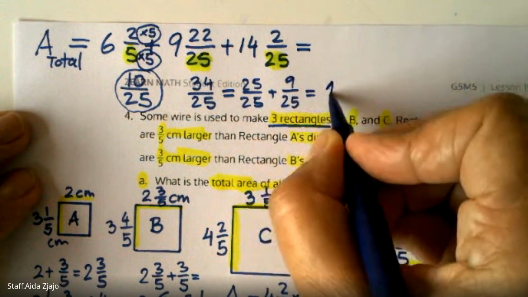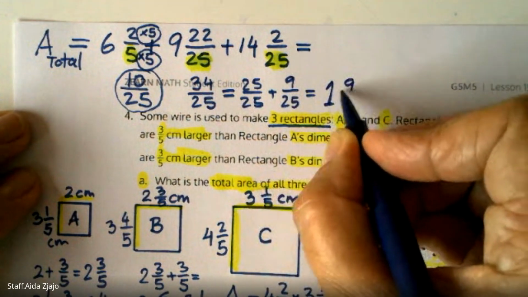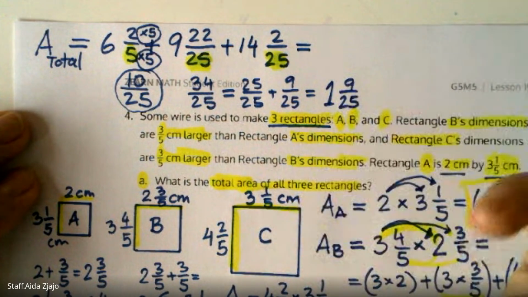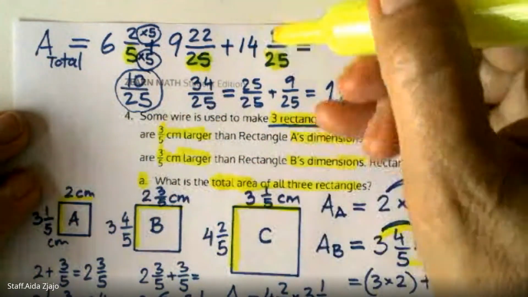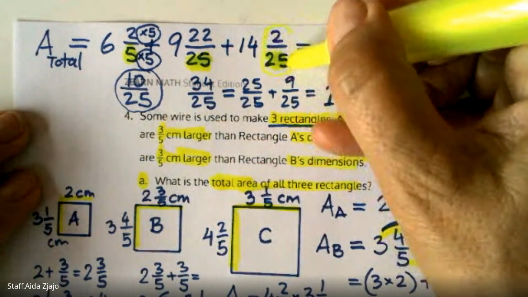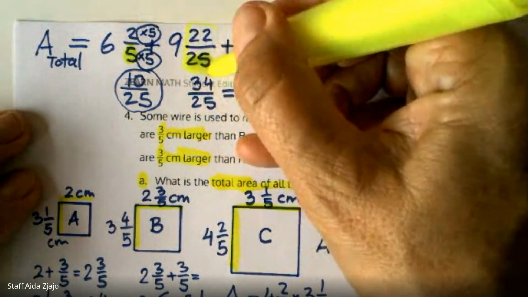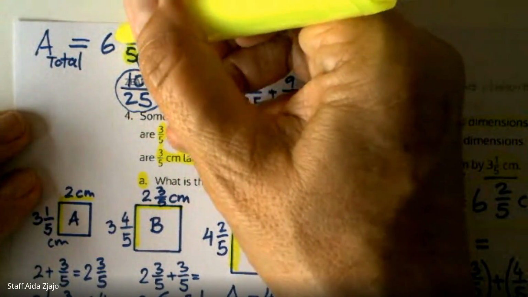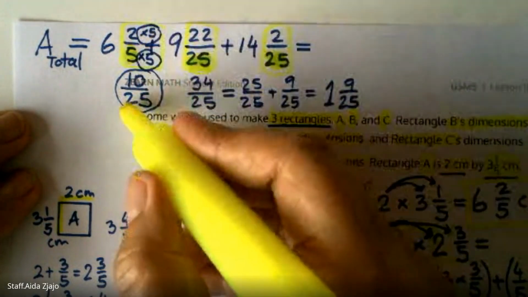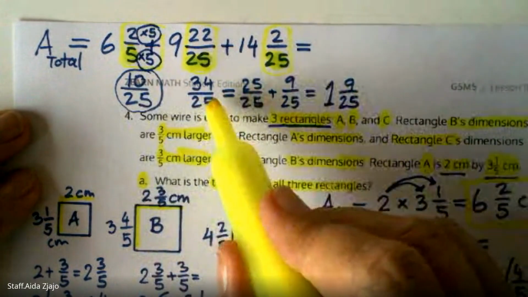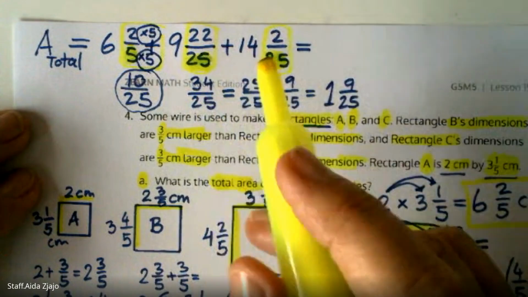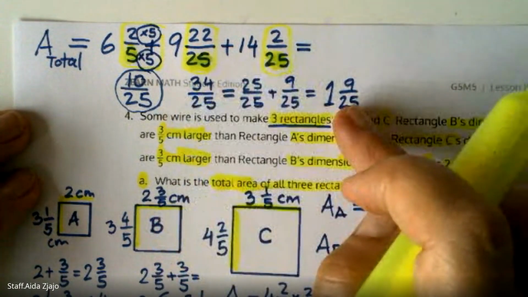So it is 1 whole and 9/25. So what I did is I add this fraction and this fraction and this 2/5 when they become 10/25. So then I exchange the improper fraction into mixed number.